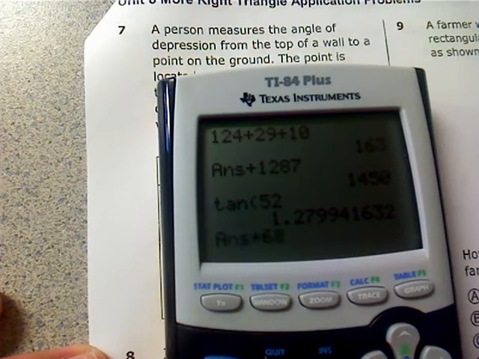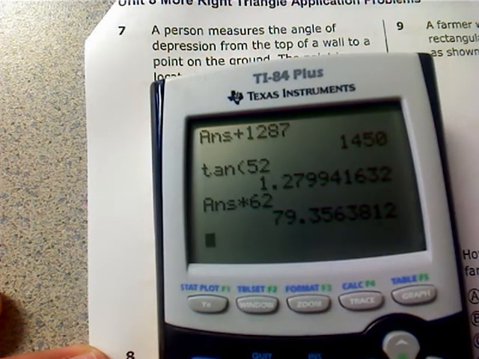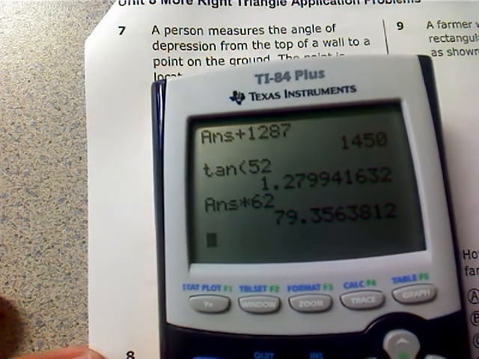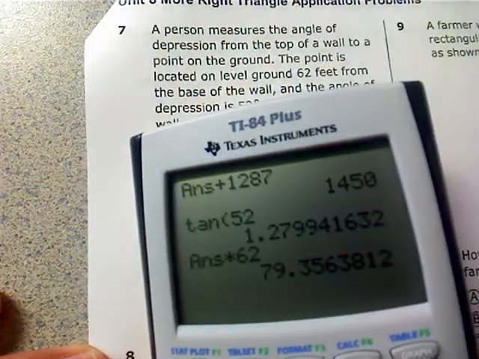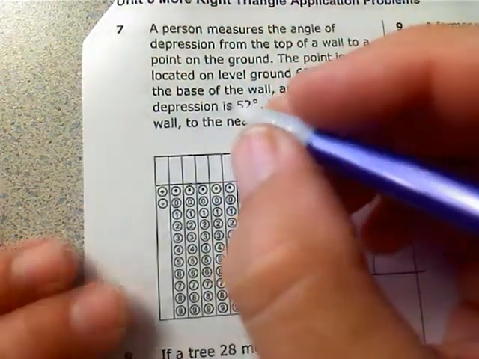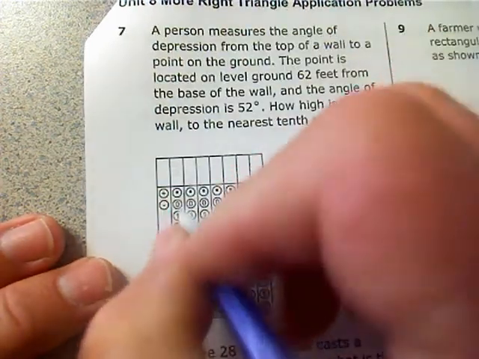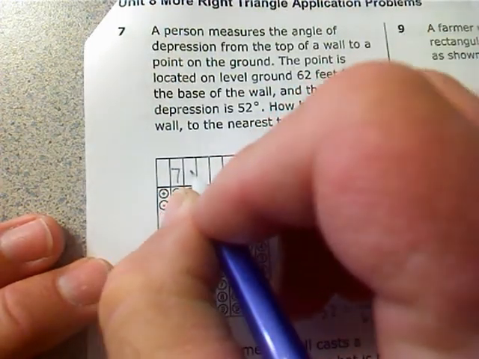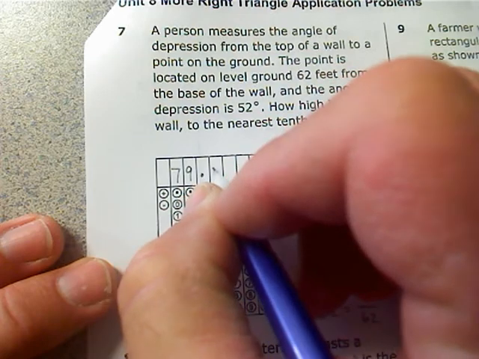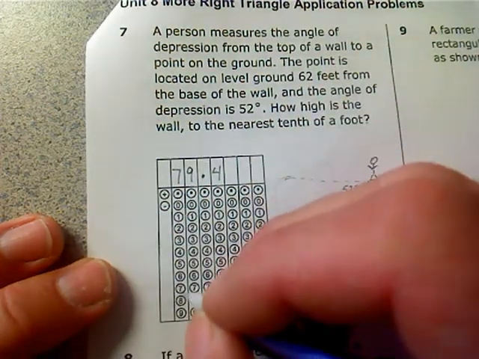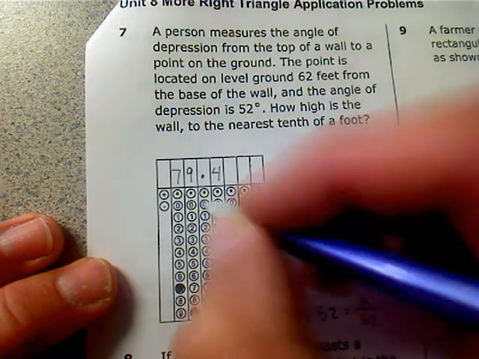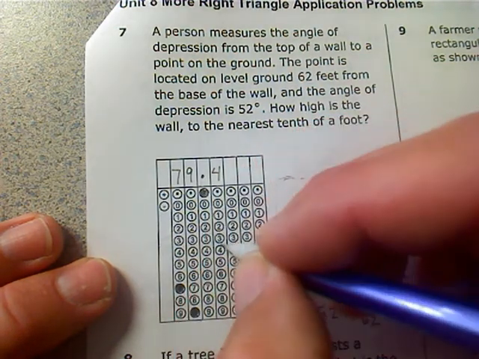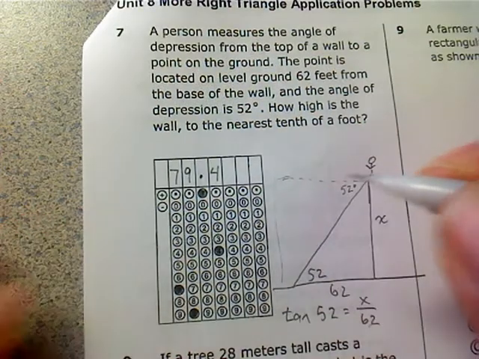So times 62, 79.356, and it says round to the nearest tenth, so 79.4 on this table, it's 79.4. And you could put the positive on there if you want. That's not required. It's understood to be positive.